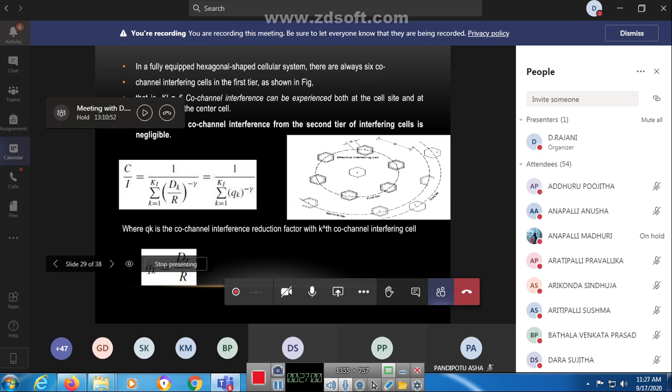So C by I is equal to 1 by the sum over k from 1 to i of (dk by r) to the power minus gamma, where d by r is the q factor, so q k to the power minus gamma, where qk is the co-channel interference reduction factor with the kth co-channel interfering cell. Here k means the number of cell types, or cell sizes, that we consider.